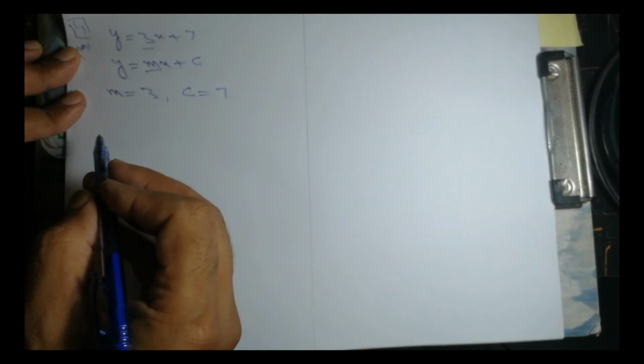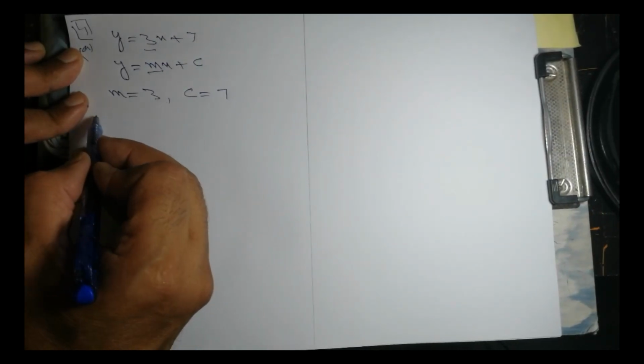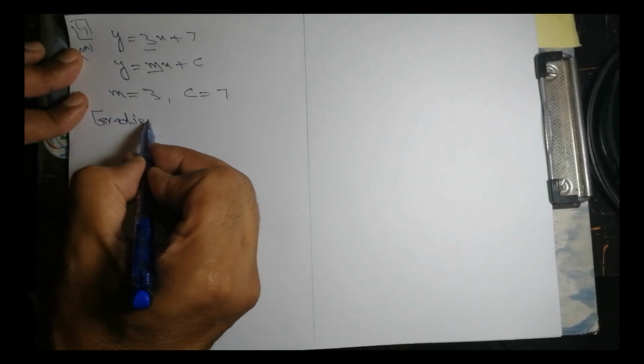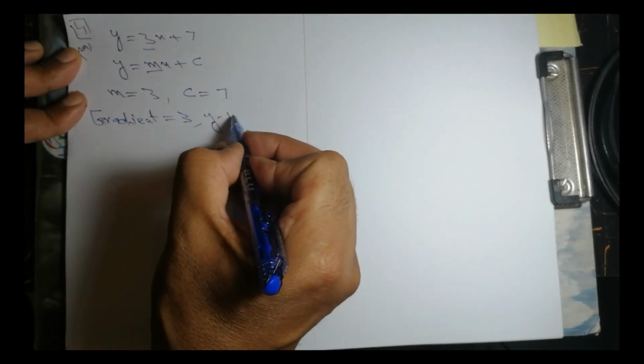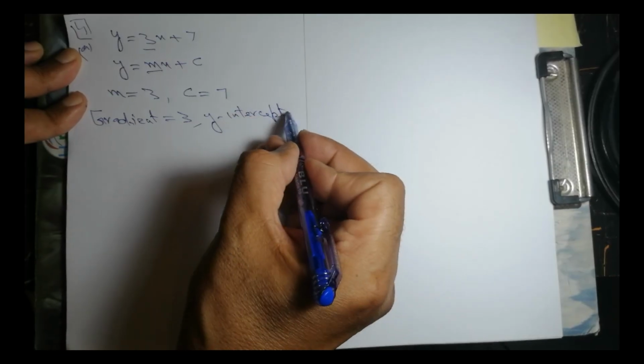So the y-intercept is 7 and the gradient is 3. Gradient equal to 3 and y-intercept equal to 7.